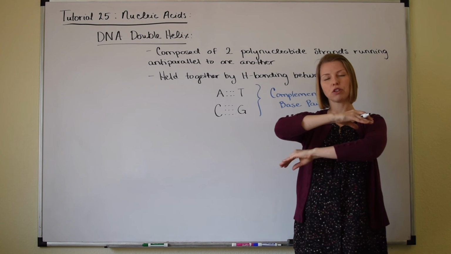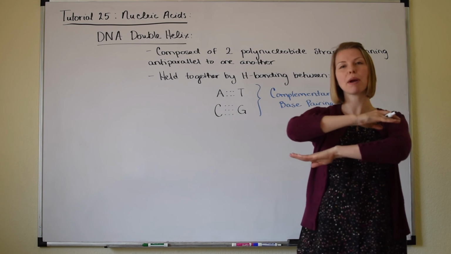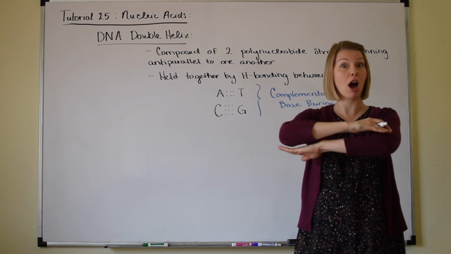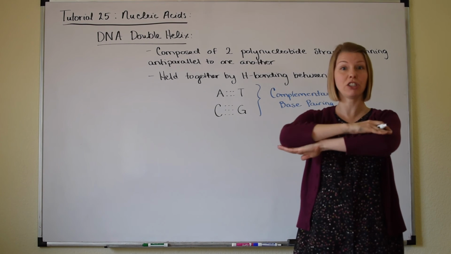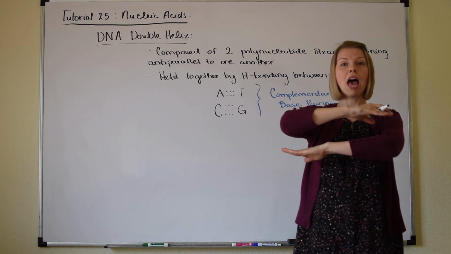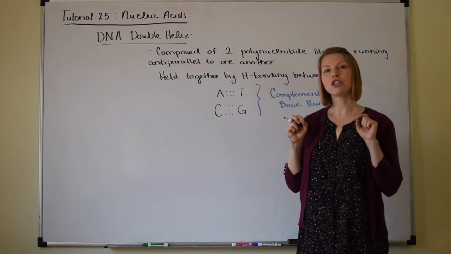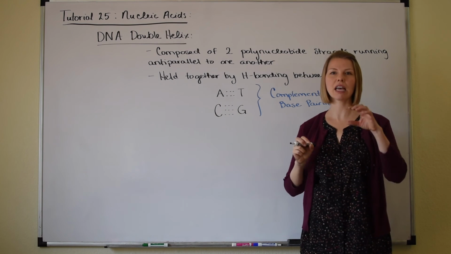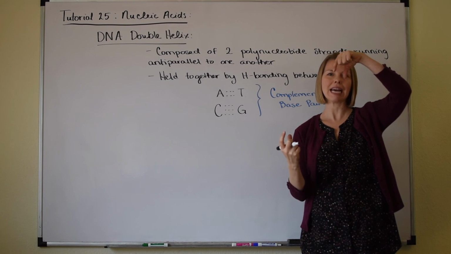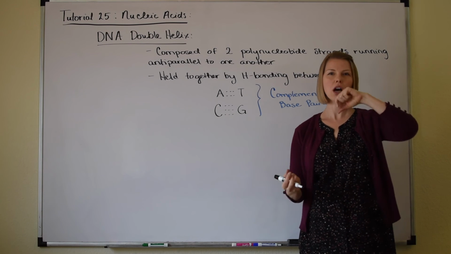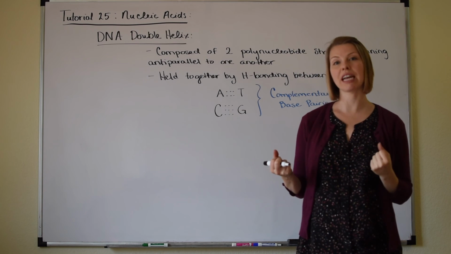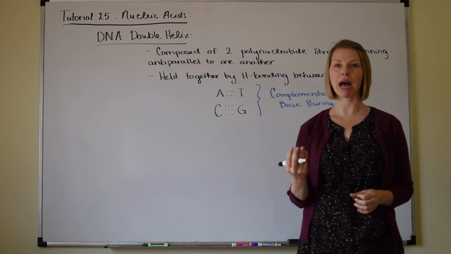Okay, so we've got those 2 polynucleotide strands running anti-parallel, hydrogen bonding through complementary base pairing A to T, C to G. And the 2 polynucleotide strands will actually form a spiraled structure, much like a spiraled staircase, a twisted spiral structure.